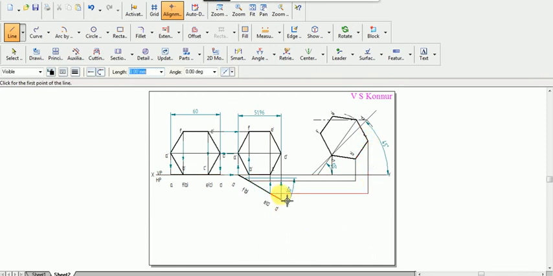Next B point is here. Next E point is here. Next F point, which is on this line. Now we'll join all the points with 0.5 millimeter.